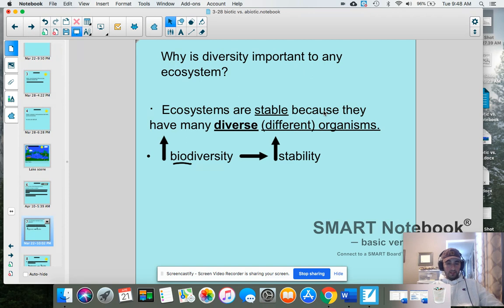So in other words, in order for an ecosystem to be stable or healthy or to be able to exist for a long time, it has to have many diverse or different organisms, right? The more the better. Each organism depends on one another, whether it be a biotic factor or an abiotic factor.